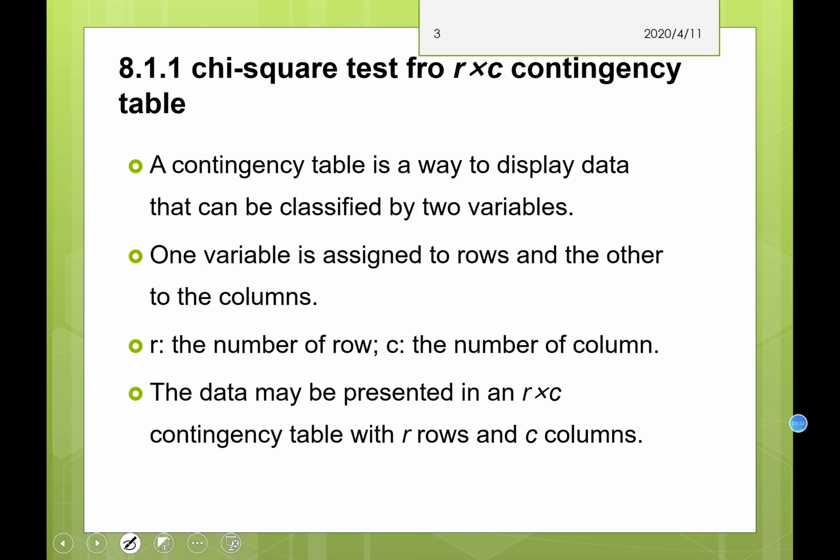We will learn 3 types of chi-square tests in chapter 8. The first type is chi-square test for R times C contingency table. So what's the meaning of a contingency table? A contingency table is an appropriate way to display data that can be classified by 2 different variables.